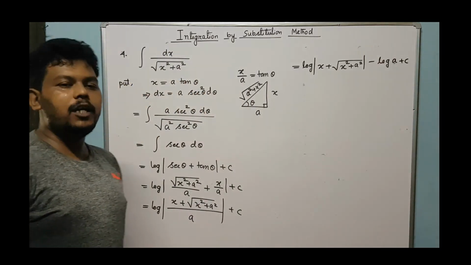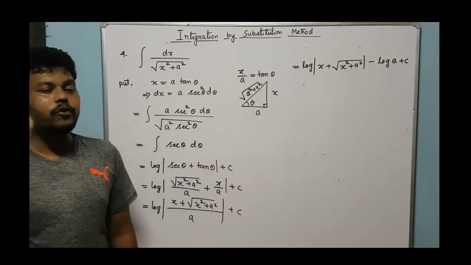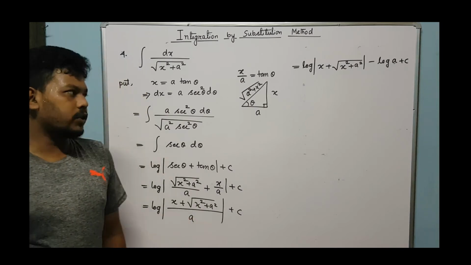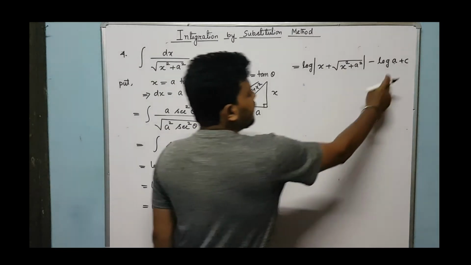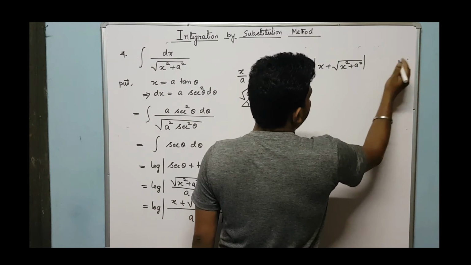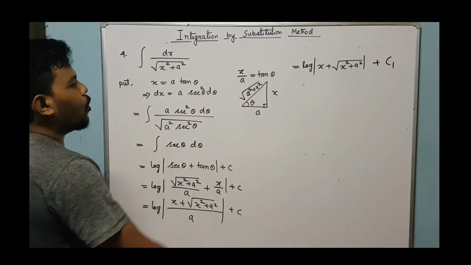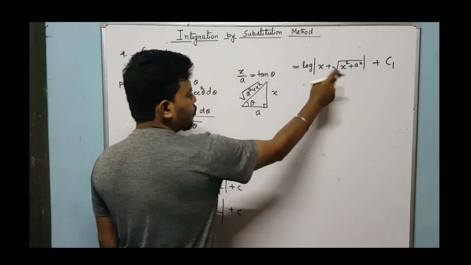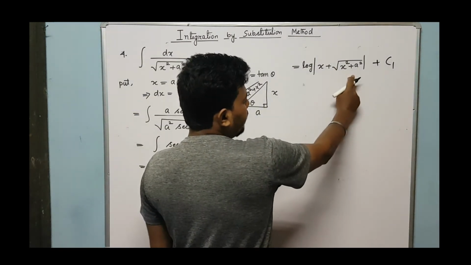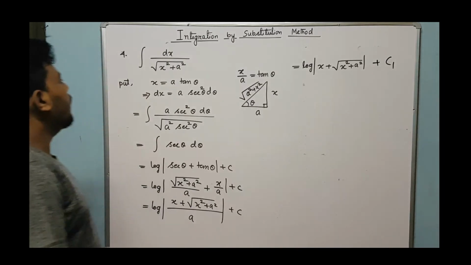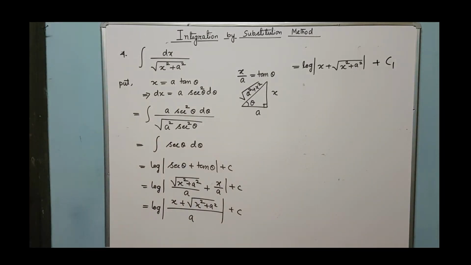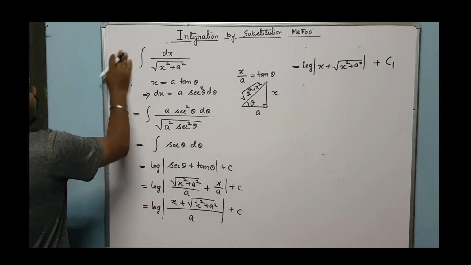See, in indefinite integrals we write arbitrary constants. So I can write c minus log a as another constant. This is plus c1. So the integral is log of mod of x plus square root of x square plus a square plus c1. This is your number 4. Now it's time to solve number 5.